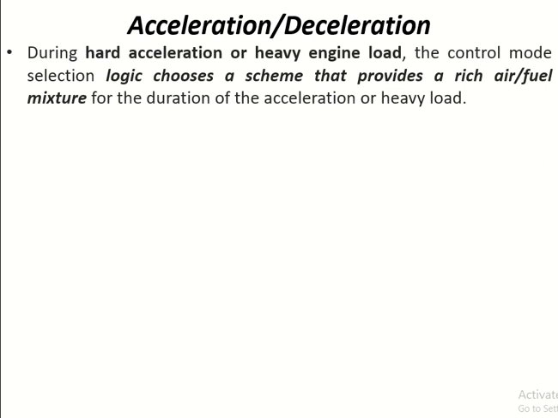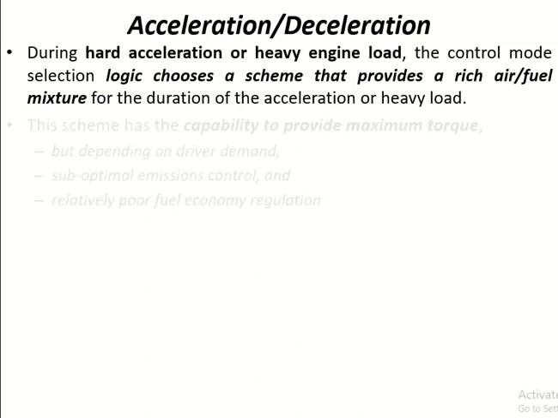Coming to the acceleration and deceleration, during hard acceleration or heavy engine load, the control mode selection logic chooses a scheme that provides a rich air fuel mixture for the duration of the acceleration or heavy load.